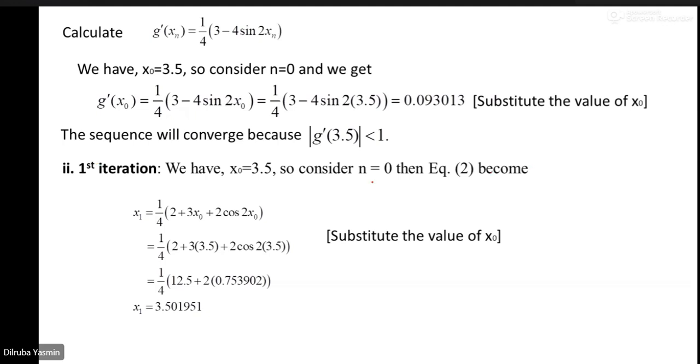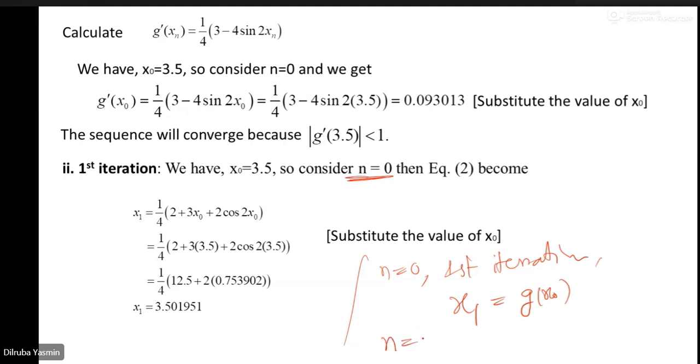That means when you consider n equal to 0, you will get the first iteration, and after doing the first iteration you will get the x1 value, isn't it? Next, if I ask you to do a second iteration, you have to consider n equal to 1.